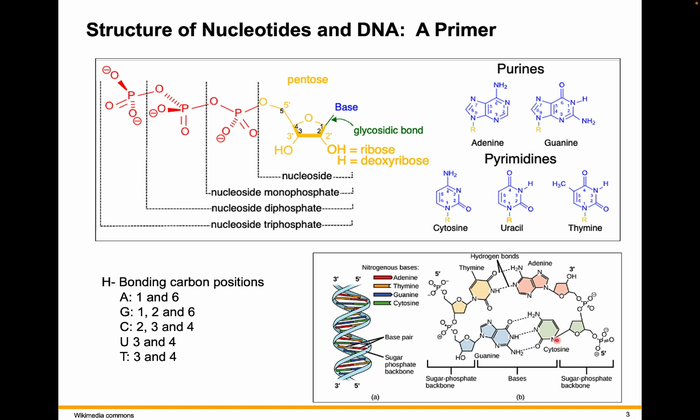Right here, you can see that this is number 1, so we count like this: 1, 2, 3, 4, 5, and 6. In cytosine, you have the bonding at 2, 3, 4, and so on. Of course, you remember that this is upside down. That's how the stereochemistry is working.